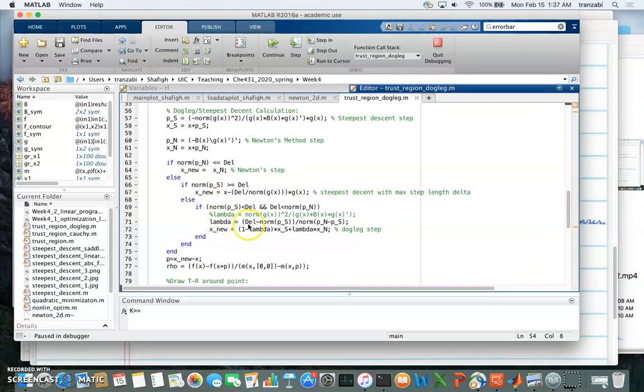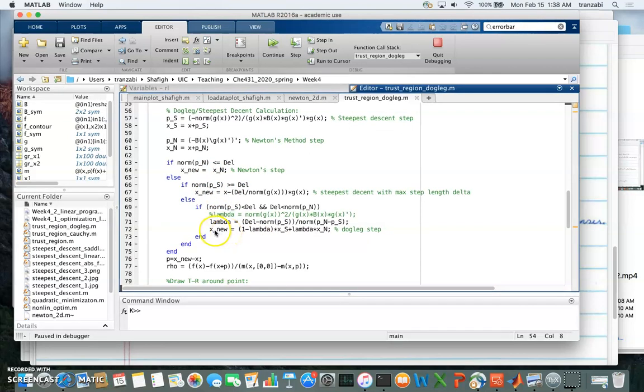So here is the lambda, which is a combination of the norm of the steepest descent direction and the norm of Newton minus steepest descent direction. Once we find lambda, we can update the x. So at the end of the day, we have the x, which is coming either from Newton solution, steepest descent solution, or a combination of both.